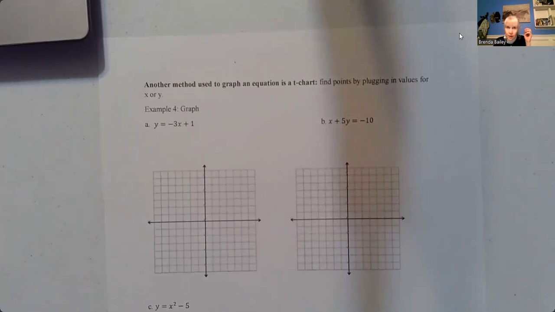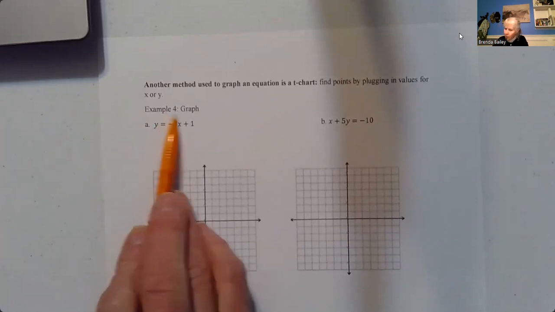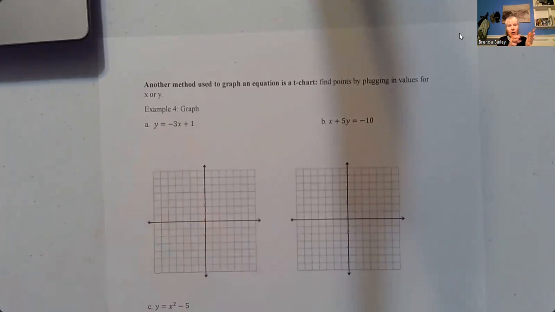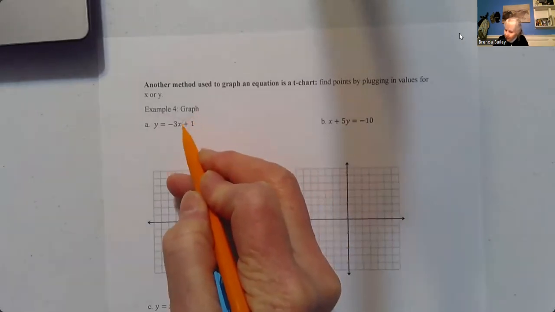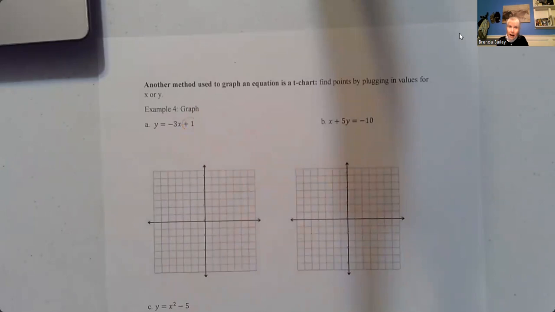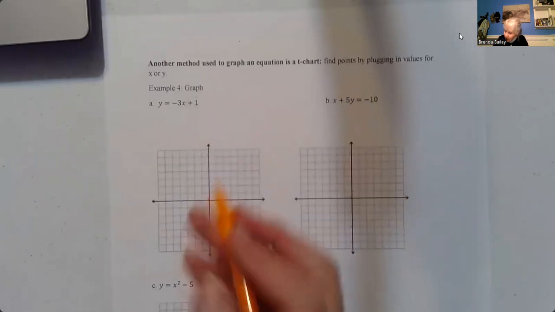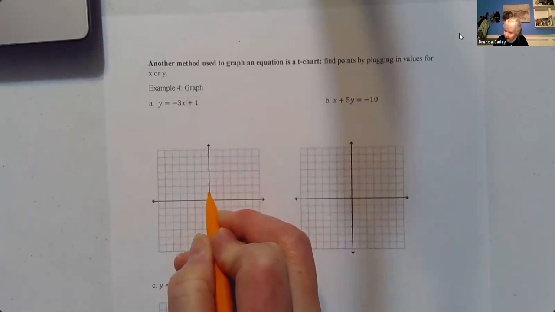If you look at this first one right here, y equals -3x plus 1, this is what we call the point slope. Well, no, it's the slope intercept form. So this number right here is where it hits the y-axis. So you would go up to the 1 on the y-axis, the slope intercept method.